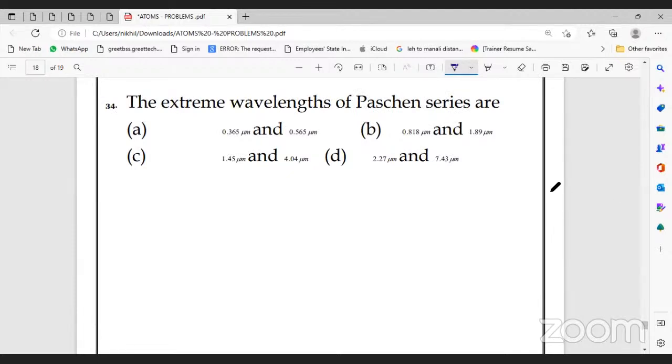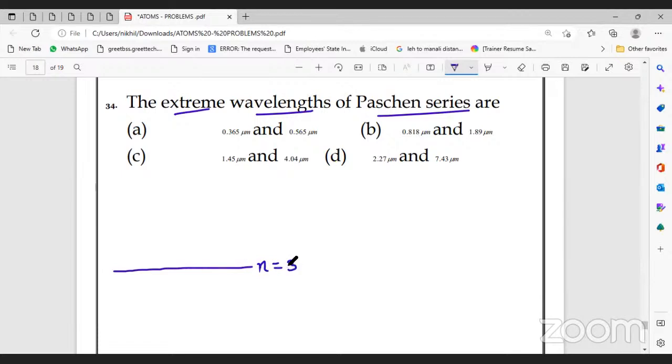Now come to this particular case. They are asking you to find the extreme wavelengths of the Paschen series. Paschen means Lyman, Balmer, Paschen, so it has to come to the third orbit.